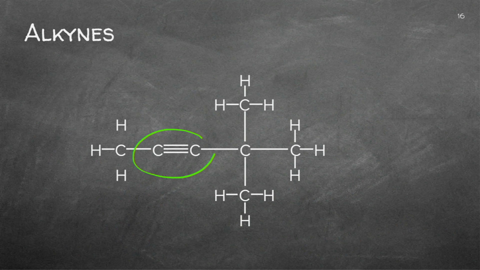Alkynes, 3 bonds, triple. You don't have to know them, but they ask them. So what will happen here? Between the second and the third, it will be 1, 2, 3, 4, 5 again. Not pentane, not pentene, but pentyne. And where is the triple bond? Between 2 and 3.